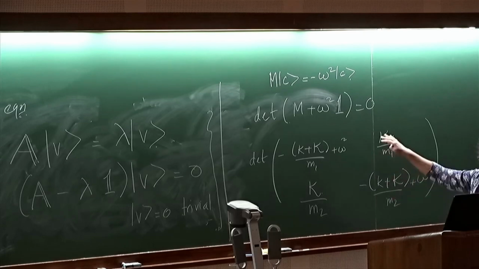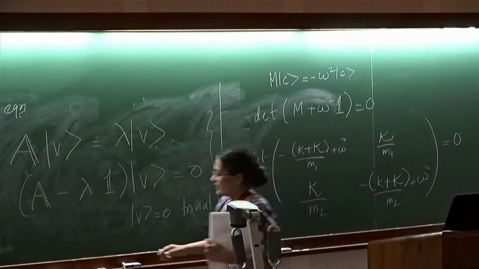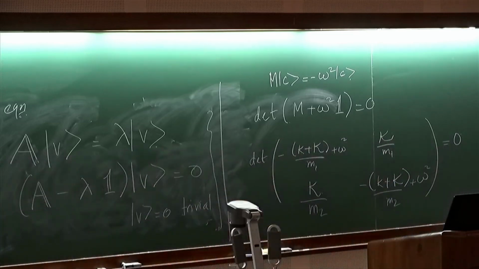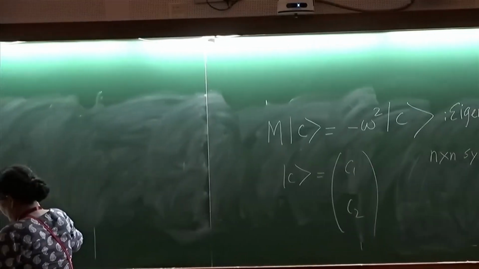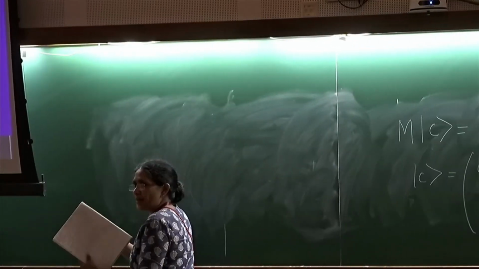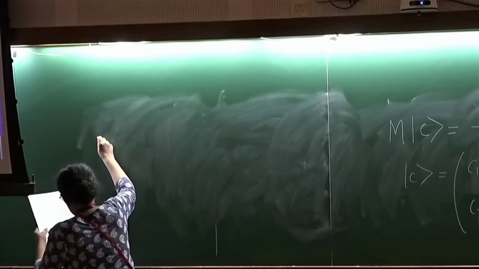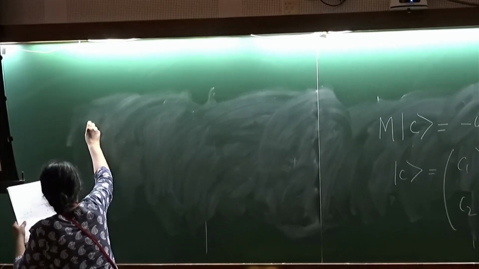If you do that and set it equal to 0, what do you expect to get, structurally? What kind of equation do you expect to get? A quadratic equation, right?